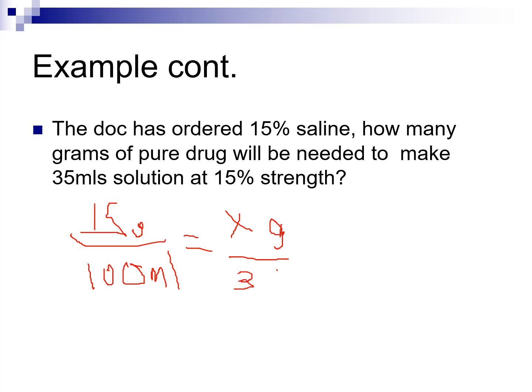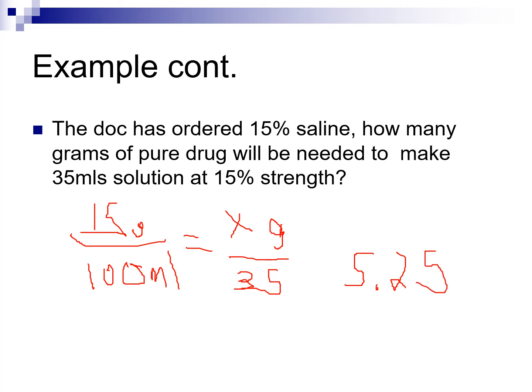So this is a little bit more than 25. I do my math after I've multiplied 35 by 15, I get 525. I divide it by 100, and so my answer is 5.25 grams. Okay, and that makes sense. It's less than 15 because 35 is less than 100.